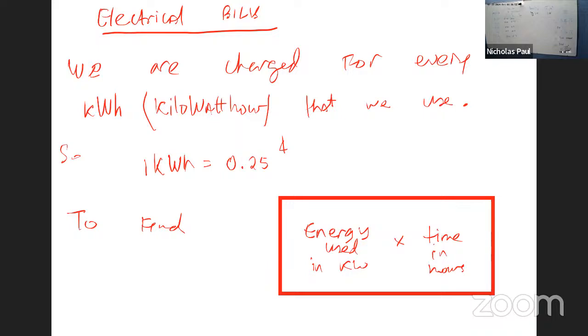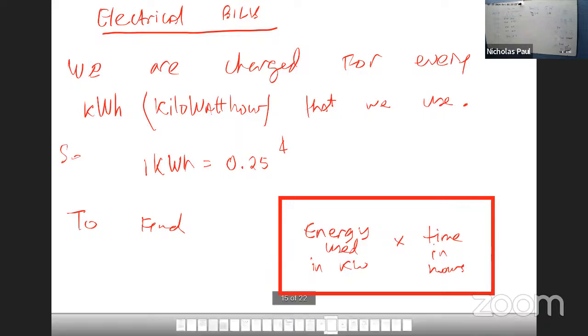I made a small mistake in our formula. I have energy used in kilowatts by time in hours. Anybody online seen the mistake?